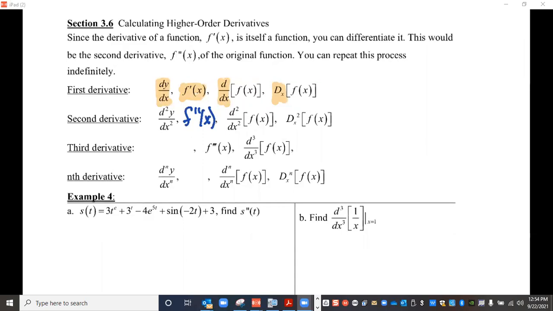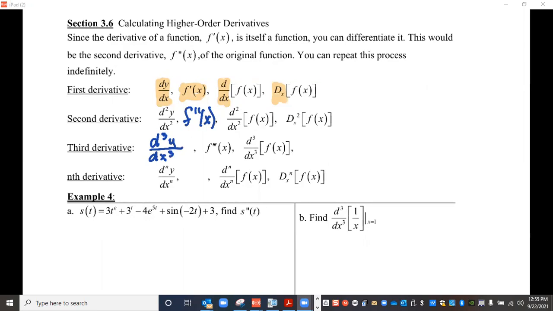So if you're looking at the third derivative, you would simply see this upper index to be a 3, the d3y over dx to the third, the third derivative of y with respect to x. Again, if you're using the prime notation, you would see the 3 hash marks there. So that's how you can recognize which derivative.